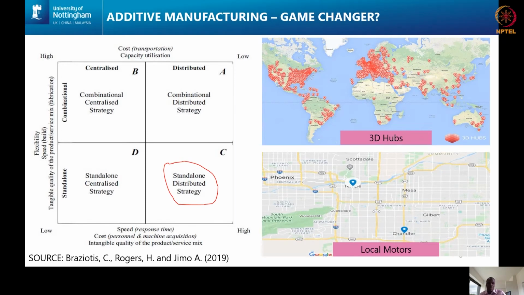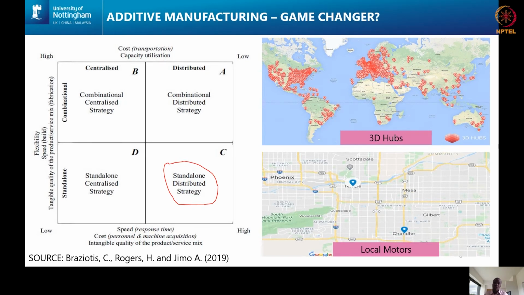So we came up with these process configurations, the first one being the combinational configuration, where additive manufacturing and traditional manufacturing coexist alongside to make end-use parts. And on the other hand, we came up with the concept of the standalone process configuration, where you have a 3D printer operating on its own to make an end-use part. Then what we did was we looked at the supply chain level to understand the potential configurations that could be practically achieved at that level.